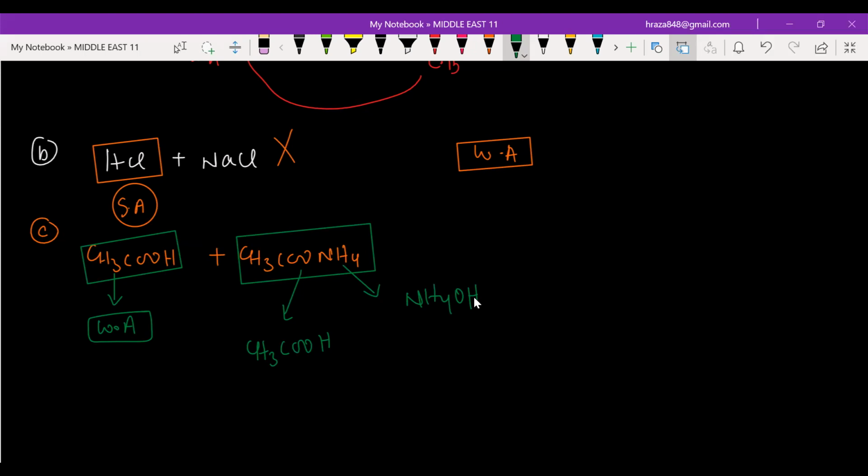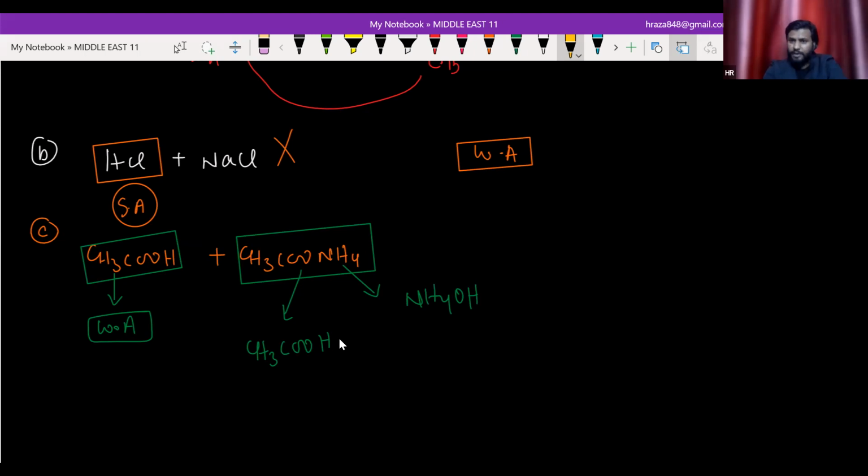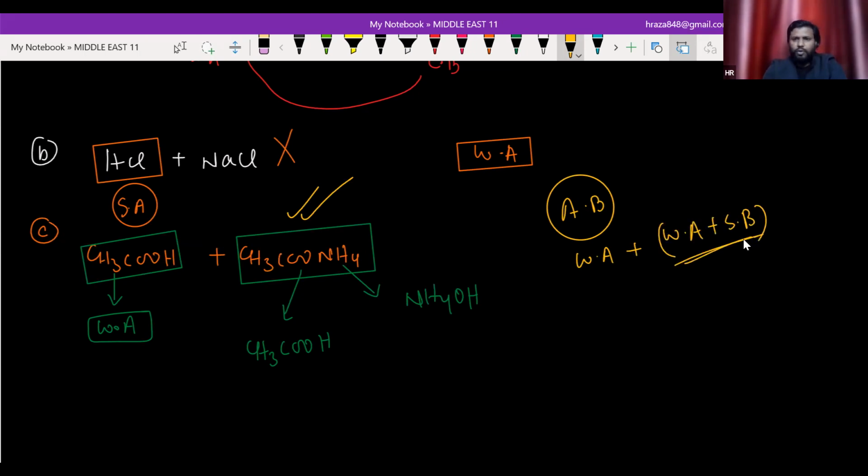Now see, what I want to say is that acidic buffer is that in which weak acid plus, if we are talking about salt, not conjugate base, then the salt should be from a weak acid plus a strong base. Now look at this. This is weak acid and this is weak base.